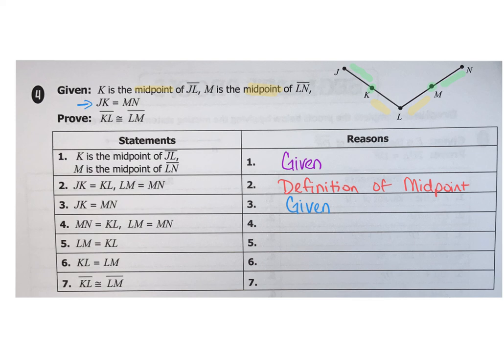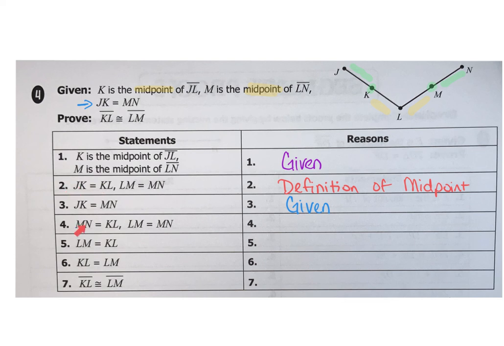All right, now they have said that MN equals KL and LM equals MN. So let's look at this. We have JK equals MN, and they are trying to tell us what MN equals. MN equals KL. Well, why can they say that? We have KL up here equal to JK. JK equals KL, that's what we said.